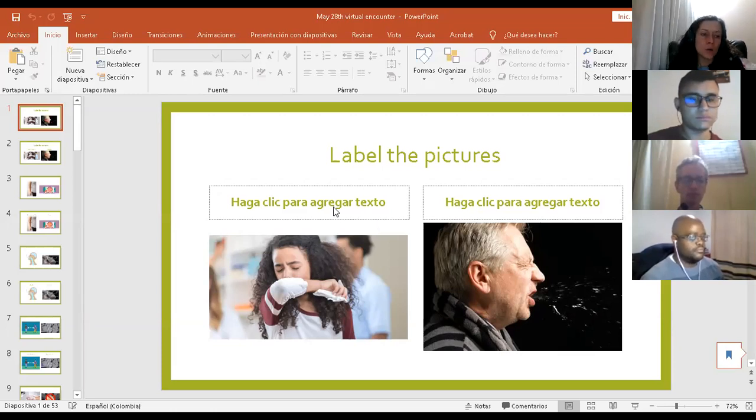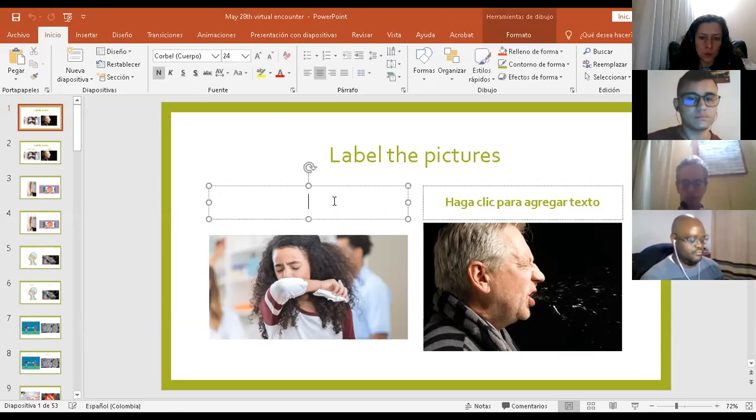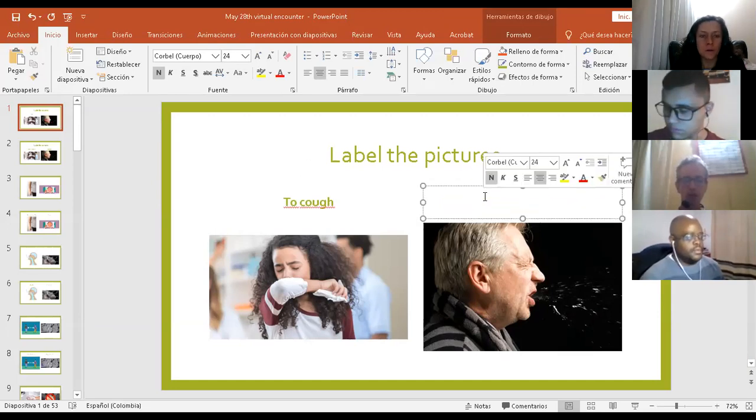So what word would you use, Leonardo, to label this picture? To cough. Okay, good. Hugo, the other word, the other picture. The cough spreads on the air.